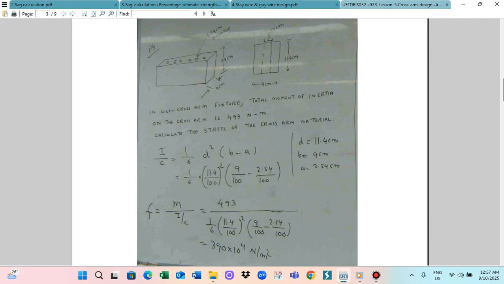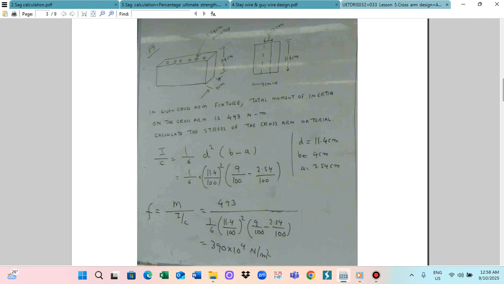At the side view, what you see is like this. This is D and this is B. The insulator pin has this diameter. Say this is A. A is the diameter of the insulator pin.